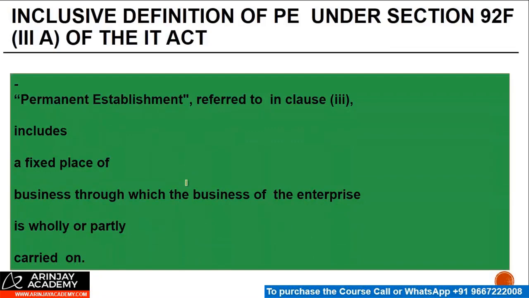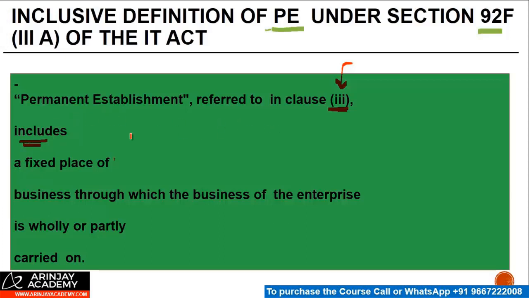Like we said, there's an inclusive definition of the PE under section 92F, but this PE is for the purpose of what is referred to in clause 3. The thing to be noted here is that this clause 3 basically deals with transfer pricing cases, and this is an inclusive definition.